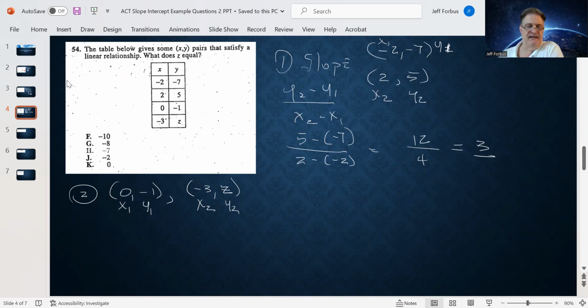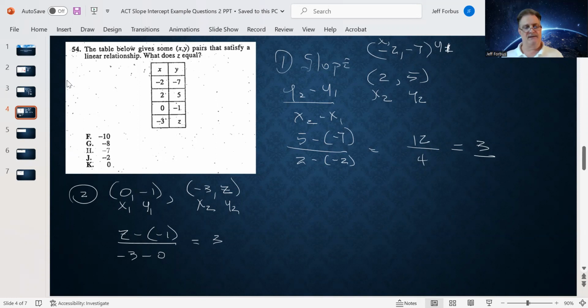We're going to say Z, just as it appears up here at the top. We're going to say Z minus -1 over -3 minus 0. And we're going to set that equal to 3. Because that's the slope that we found up here in step 1.